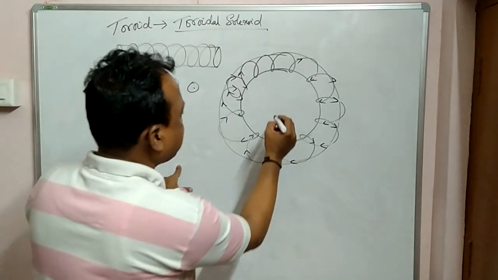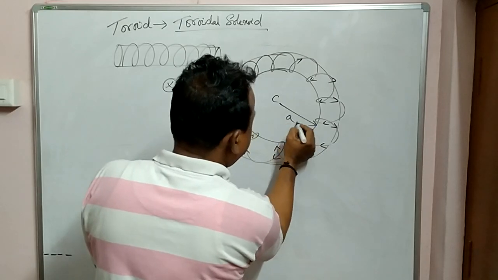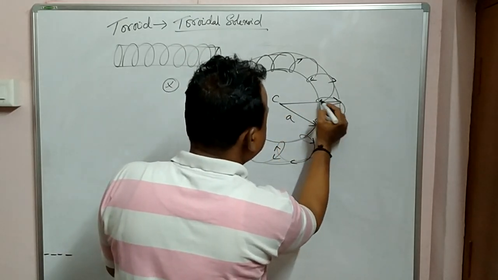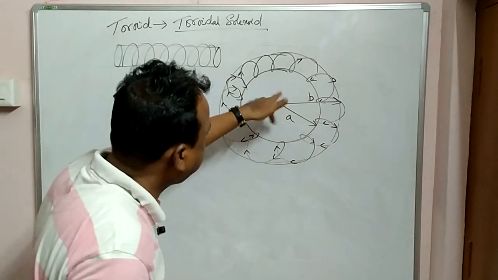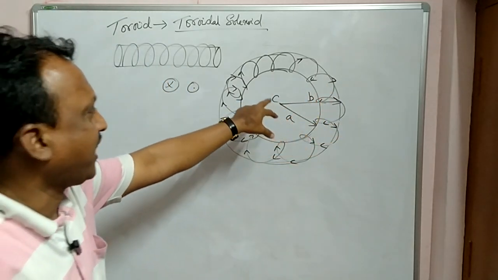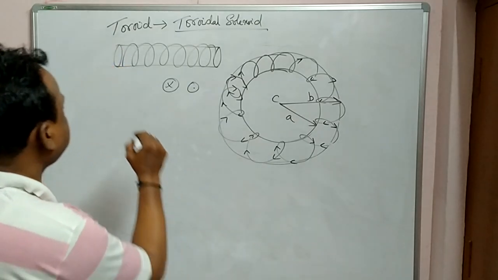Here, if you observe carefully, this is the center point. This inner radius is A and this outer radius is B. At the center of a toroid, no current is there, so B is 0 at the center.